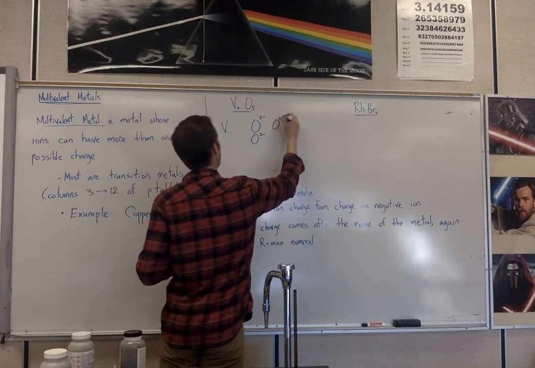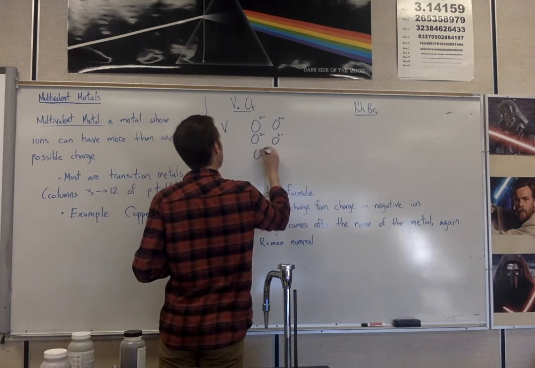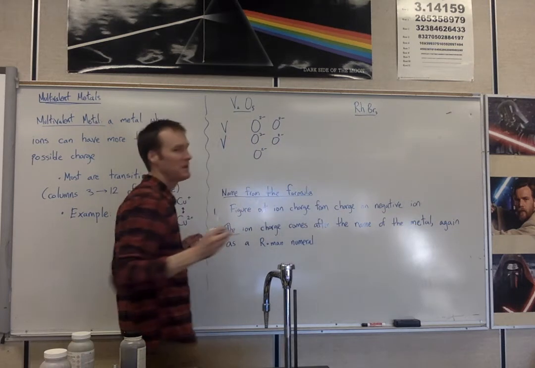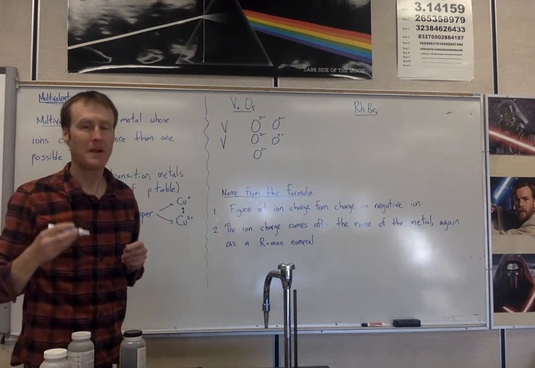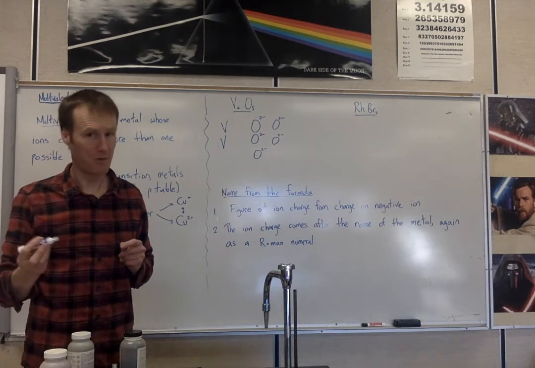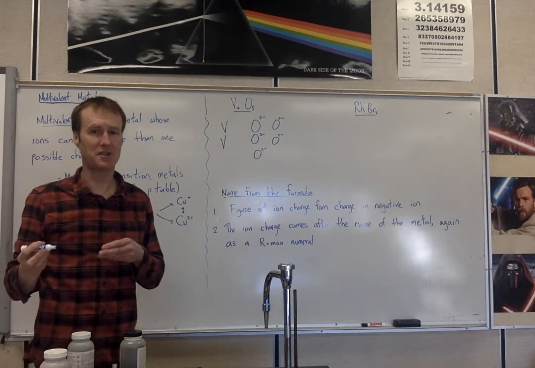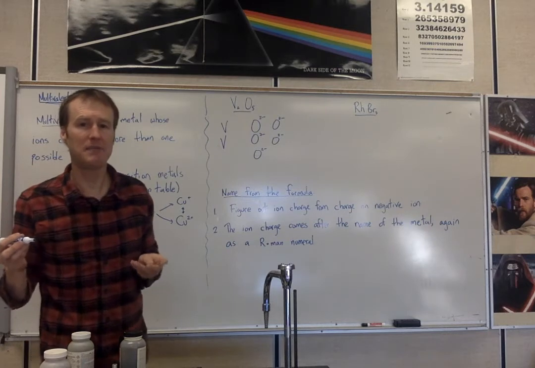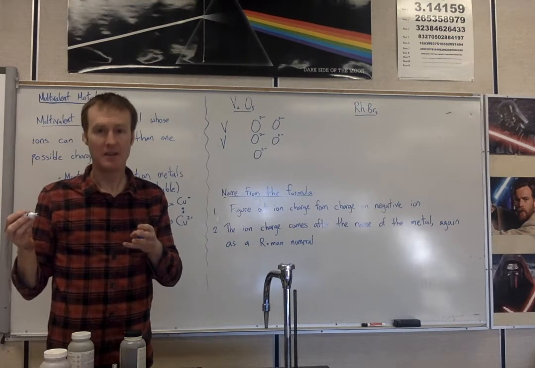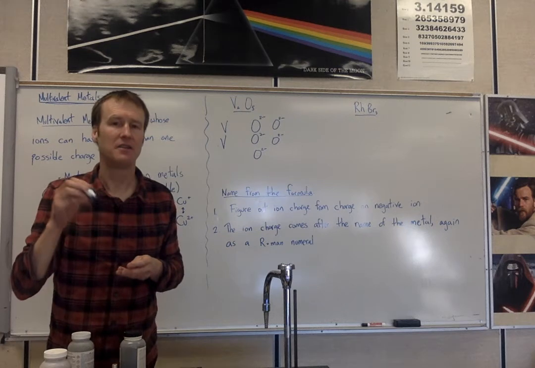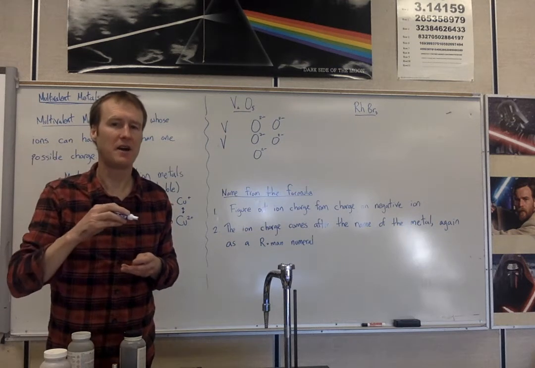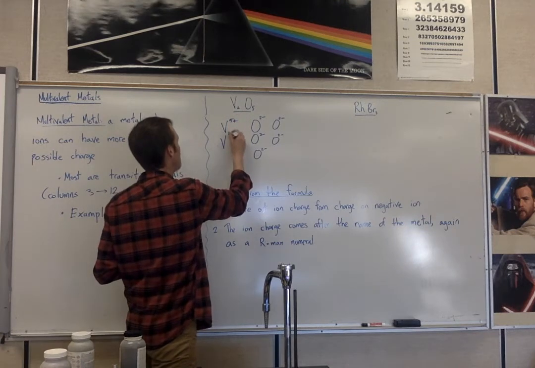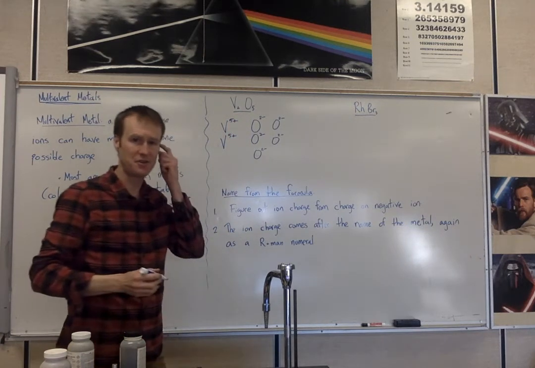We have 5 oxides in the formula and 2 vanadiums. Each oxide is -2. With 5 of them, we have a -10 charge that has to be balanced between 2 vanadium ions. Here's the crux: 10 divided by 2 is 5. This means that each of those vanadium ions has a +5 charge.